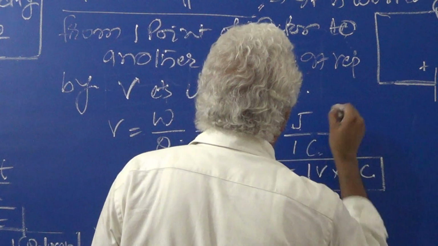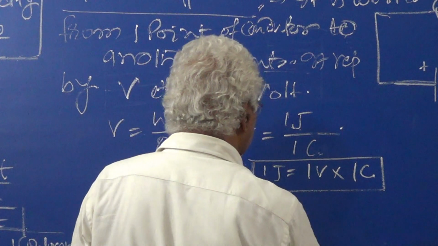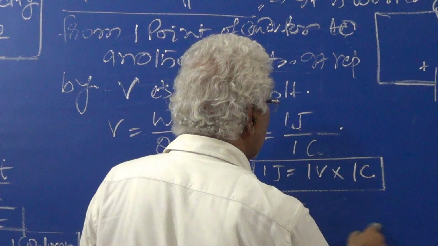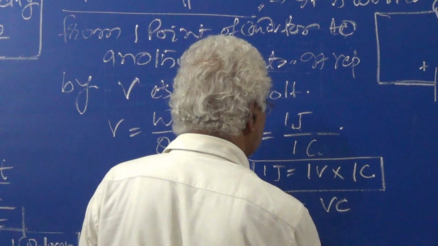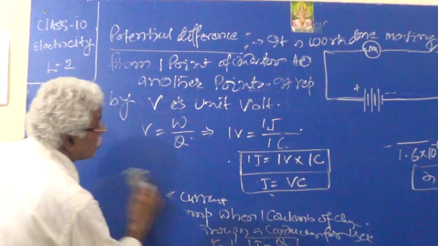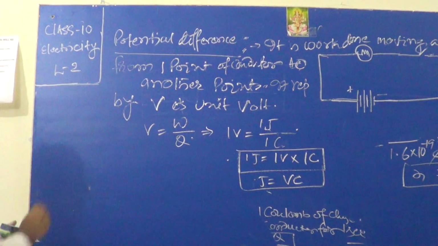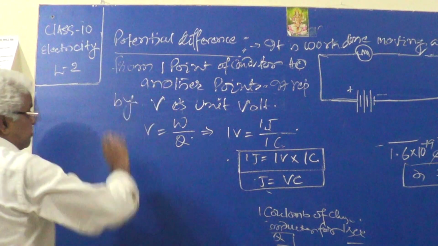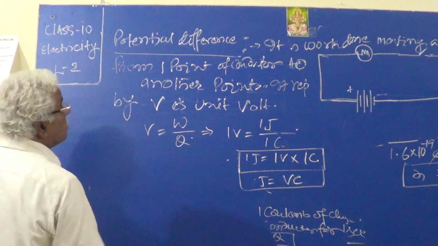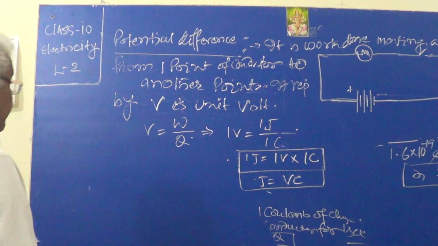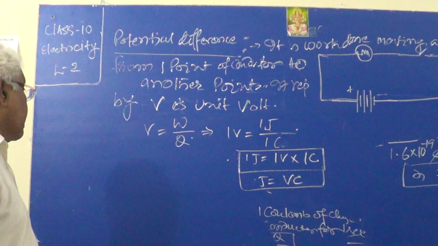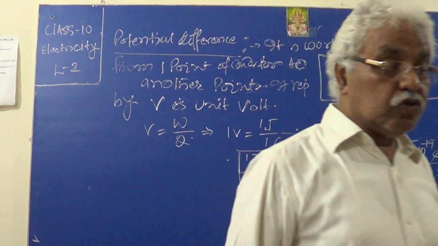Volt into coulomb equals joule. You can say joule equals volt into coulomb. Okay, now how can you define this? The question is, how can you define 1 volt? If 1 joule of work is done in moving 1 coulomb of charge, the potential difference is 1 volt. That is called 1 volt.